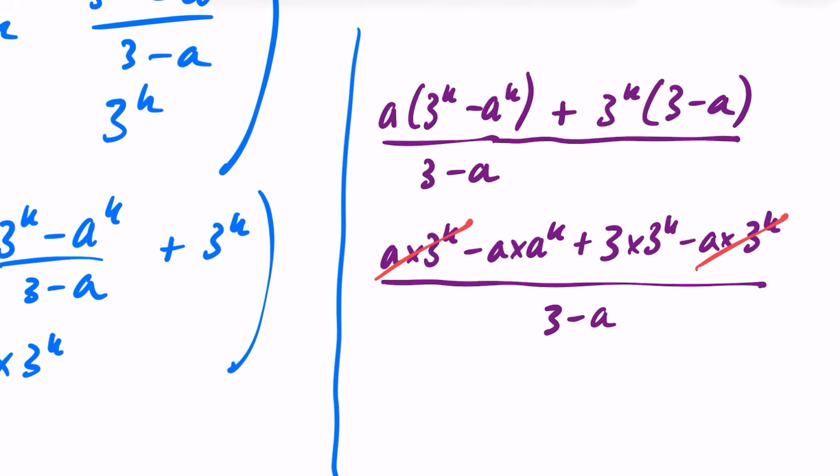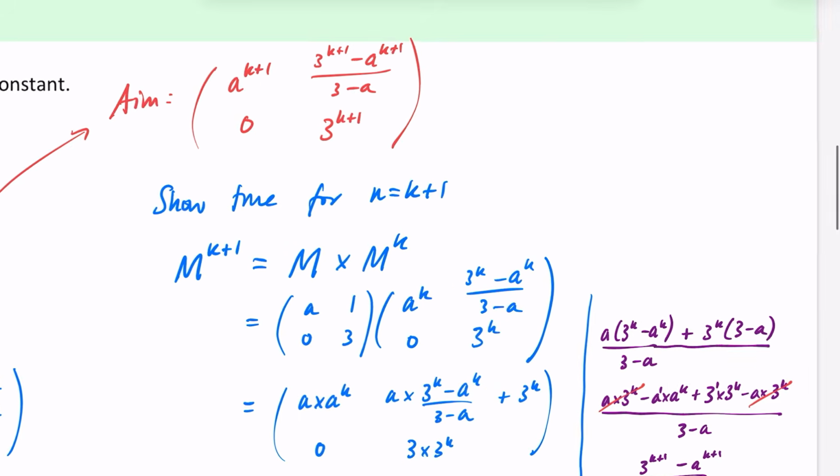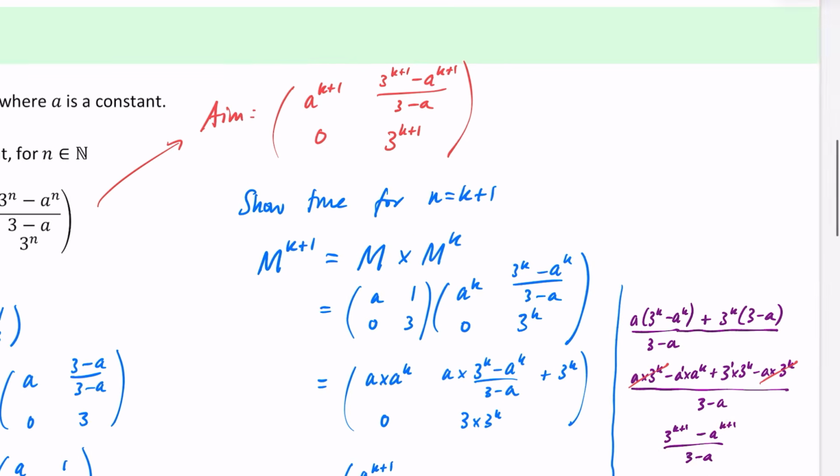That's like a 3 to the power of 1. This is like an a to the power of 1. Great. This means that the numerator is 3 to the power of k plus 1 minus a to the power of k plus 1. I've simply just swapped these, so I've got the positive one and then the negative one like this. And that is all divided by 3 minus a, which is exactly the thing that we were aiming for up here.